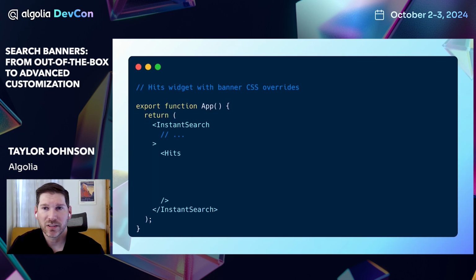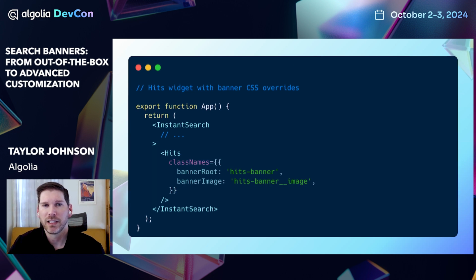We can apply our own custom CSS classes, targeting different parts of the banner through the classNames prop. In this example, you see that I'm passing banner root and banner image with a custom class name. These can be classes that are already existing in my style sheet, or I could be using utility classes like Tailwind.